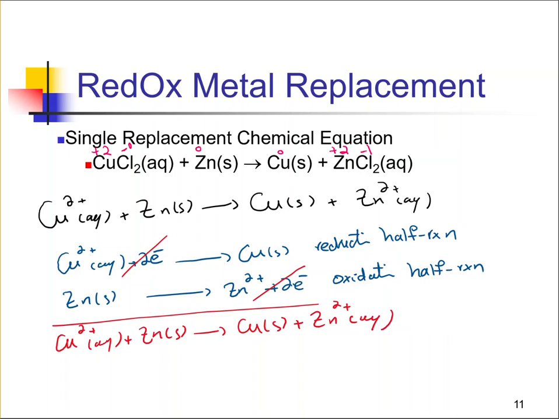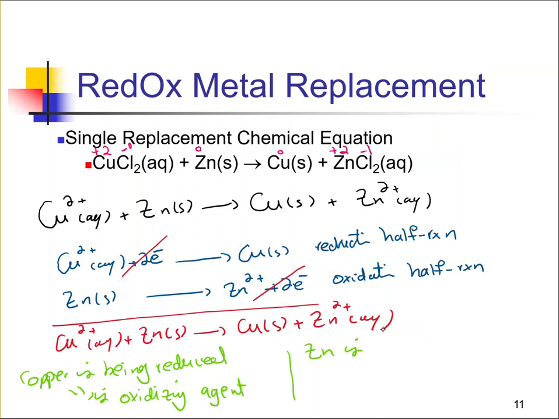Now copper is being reduced, so copper is our oxidizing agent. Zinc is being oxidized, so zinc is our reducing agent.